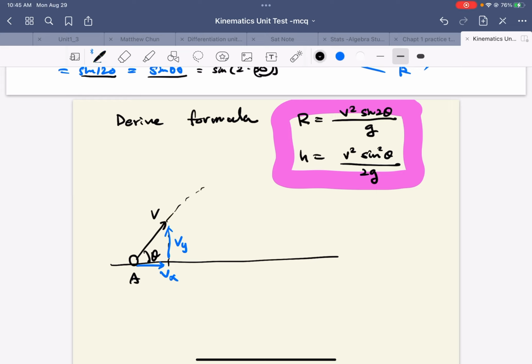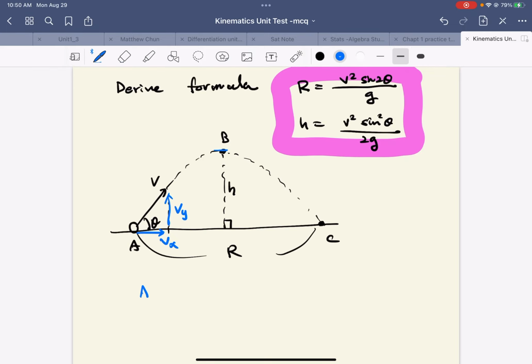It'll go up all the way, then come back down. Let's say the position right here is B, and when it hits the ground is C. That height is H, and this is the range R.